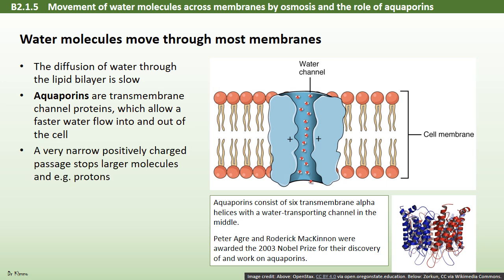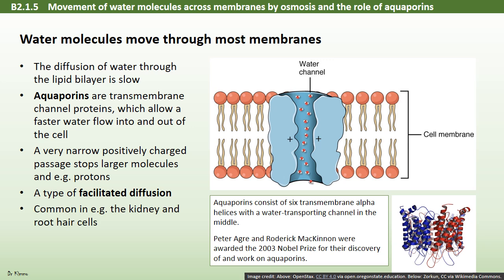They have a very narrow positively charged passage, which stops larger molecules and also, for example, protons. This is a type of facilitated diffusion, and it is common in, for example, the kidney and in root hair cells. These are things that you will learn more about later.